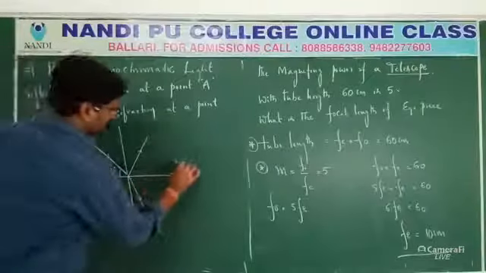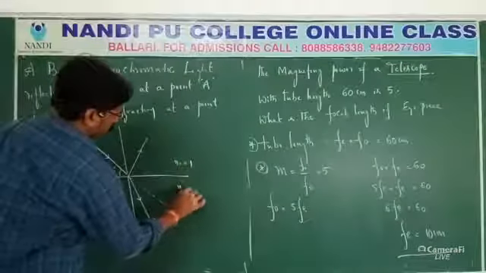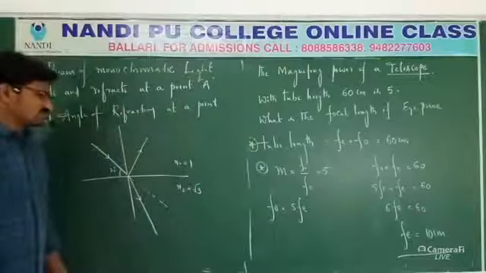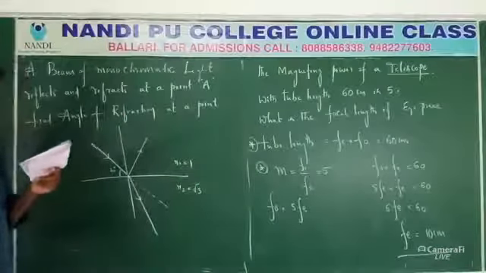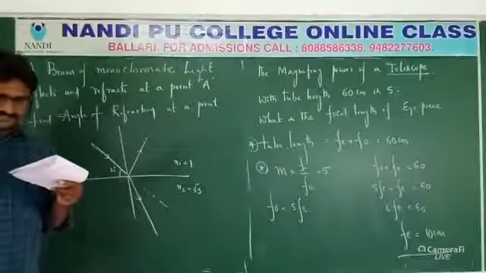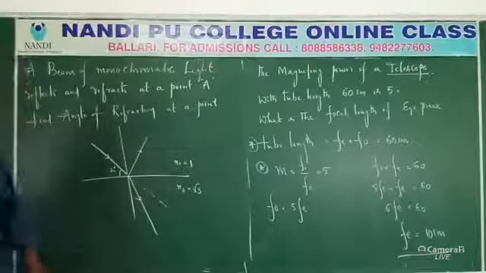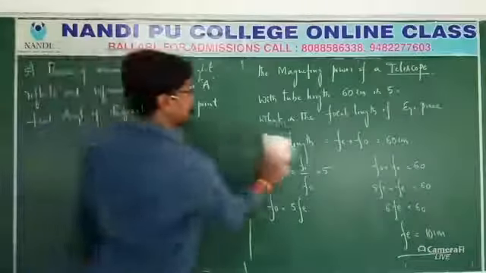Given n1 is equal to 1 and n2 is equal to root 3. Okay, fine. So this is the information they have given. We need to find the remaining data.